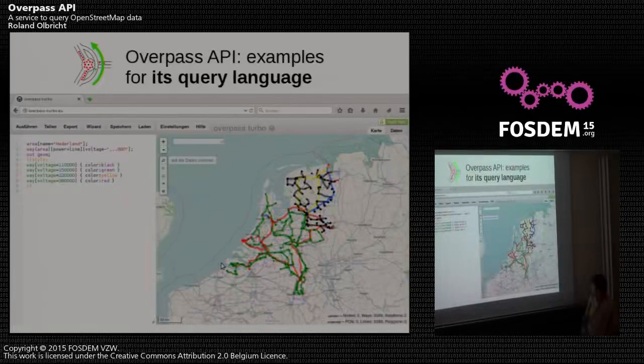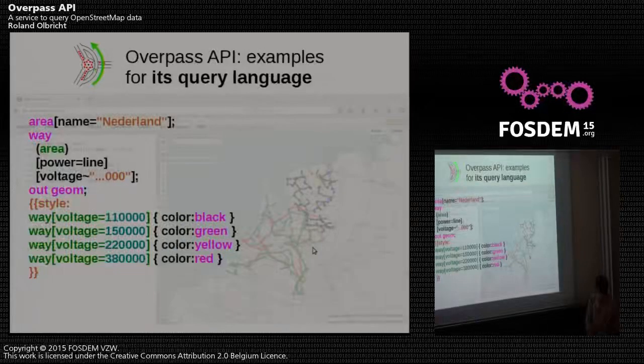In this case, the power distribution network of the Netherlands divided by the voltage of the individual lines, which suggests that there is a certain parting into the northern and the southern parts with different networks.